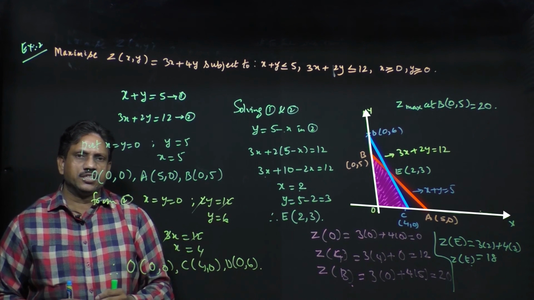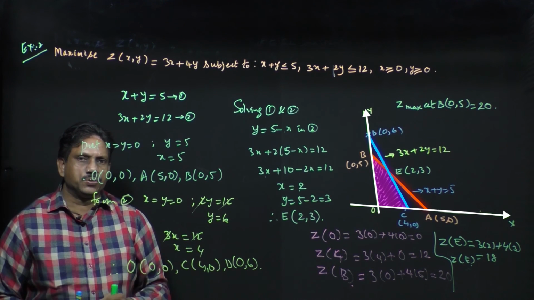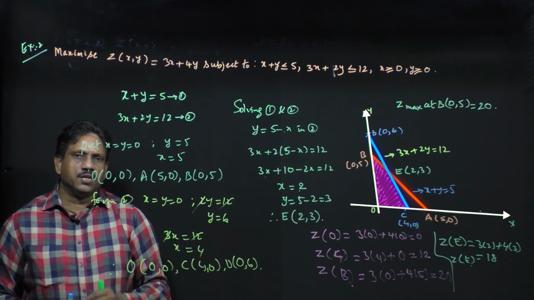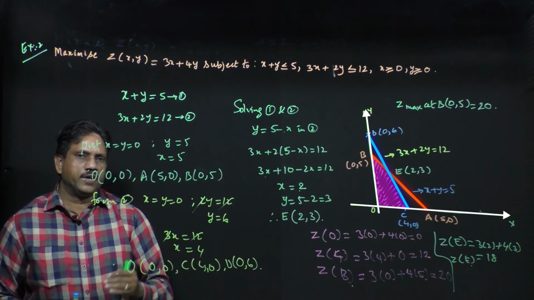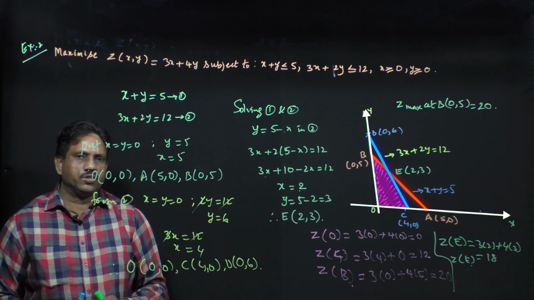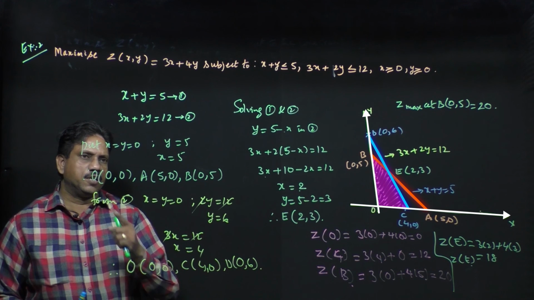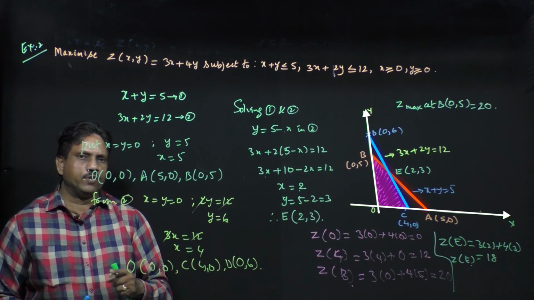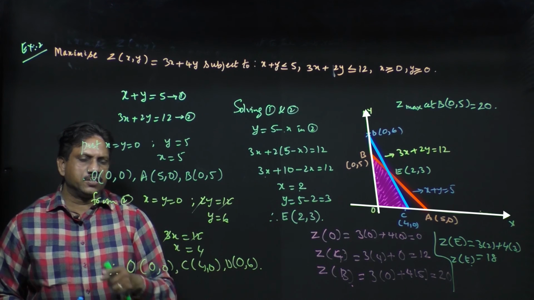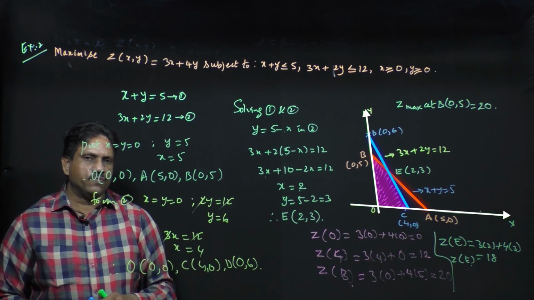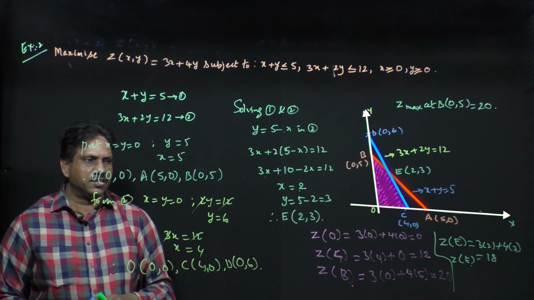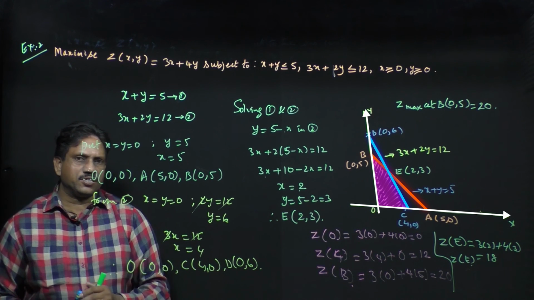For that, you take the lines using the equal to symbol, put x equal to 0 and y equal to 0, and you get the points on the axes. For the first line, A is 5 comma 0 and B is 0 comma 5. Similarly, for the second line 3x plus 2y equal to 12, the vertices are origin, C 4 comma 0, and D 0 comma 6. These two lines are also intersecting lines.